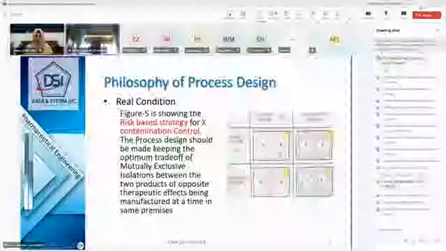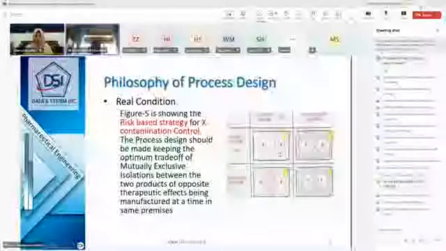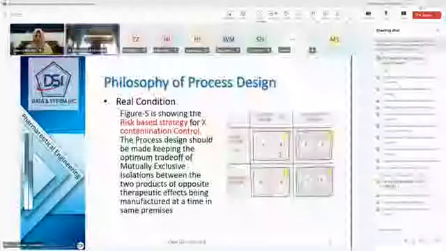So, starting from the R&D, design R&D, for example, you want to develop a certain product. The latest example is sitagliptin. Take an example. This is a new product. How you develop sitagliptin is a generic application. The product is already developed and is already in the market.